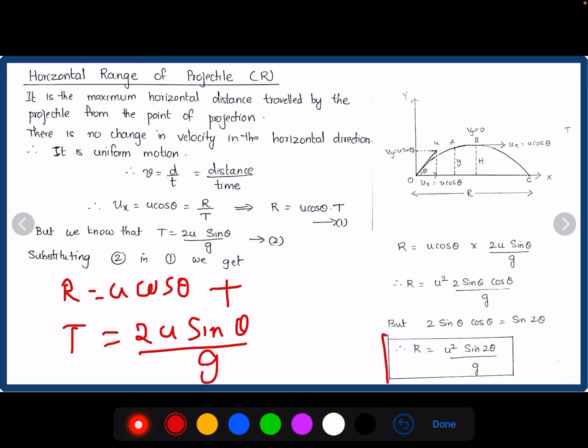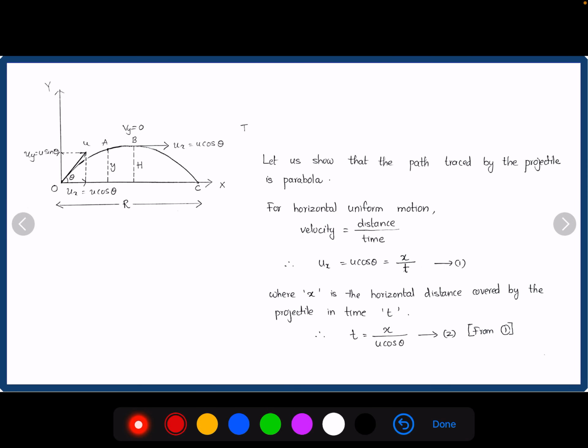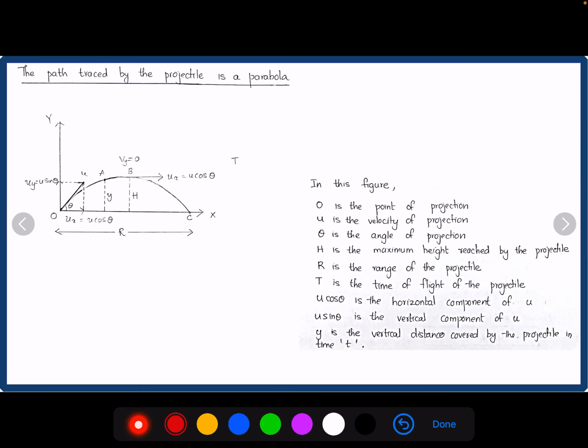This is the last derivation. Finally, we have derived 4 equations today. First, we have shown that the motion of a projectile is a parabola.